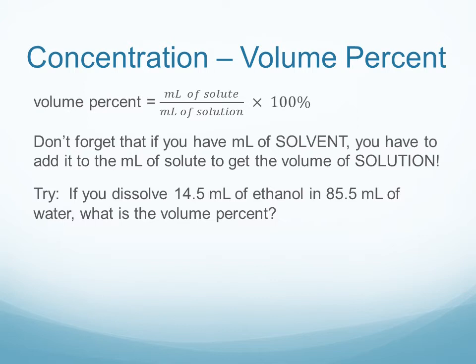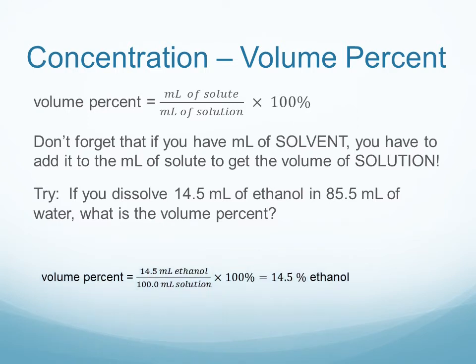Let's try it: if we have 14.5 milliliters of ethanol dissolved in 85.5 milliliters of water, what would the volume percent of that solution be? Plugging that into the equation gives us 14.5 milliliters of ethanol in 100 milliliters of solution times 100%, which is a 14.5% volume-to-volume ethanol solution.